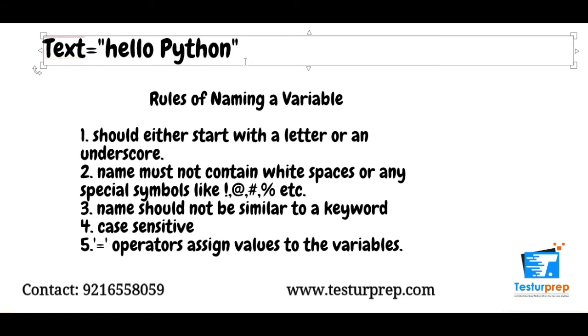So if I want to print this, I will write print text, and that is it. So this text is my variable where I saved hello Python. I can write text is equal to 5, and then print text, I will see the number 5.